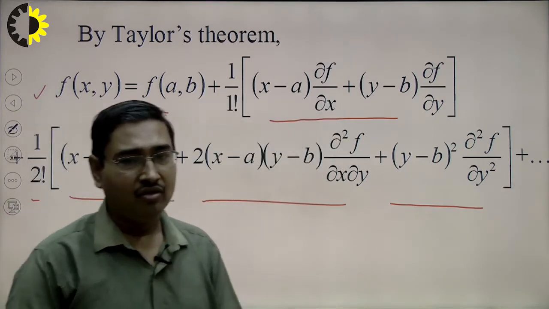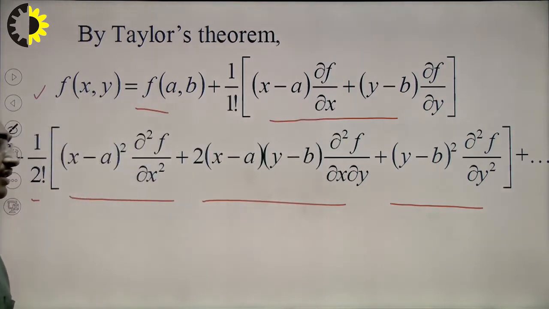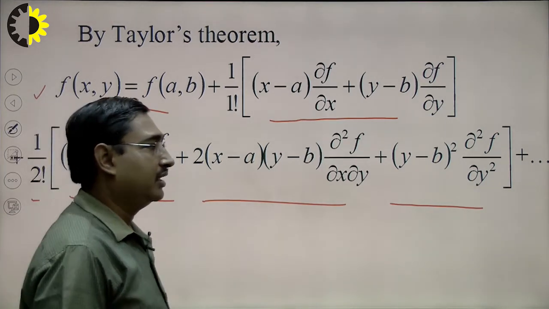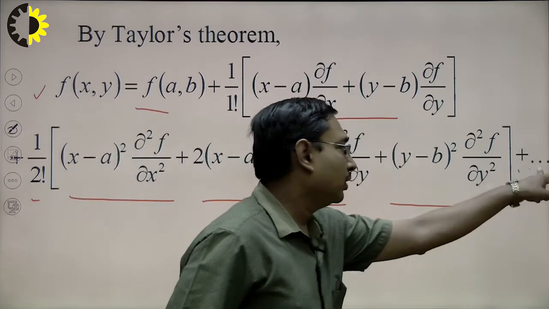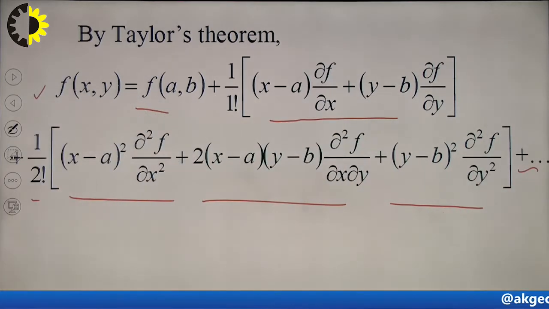Here we have not considered the terms of third degree because we are looking for the expansion up to second degree terms, and therefore the terms of third degree are included in these dots.